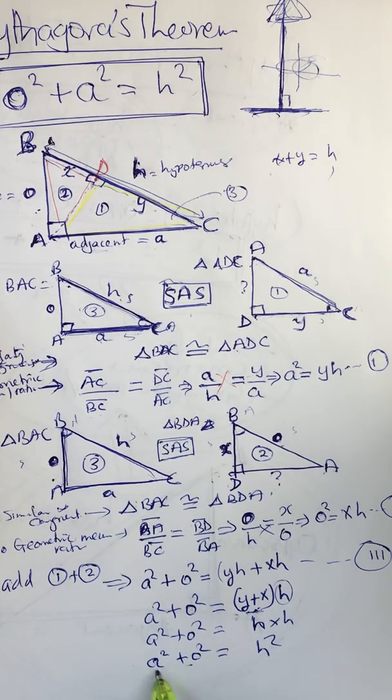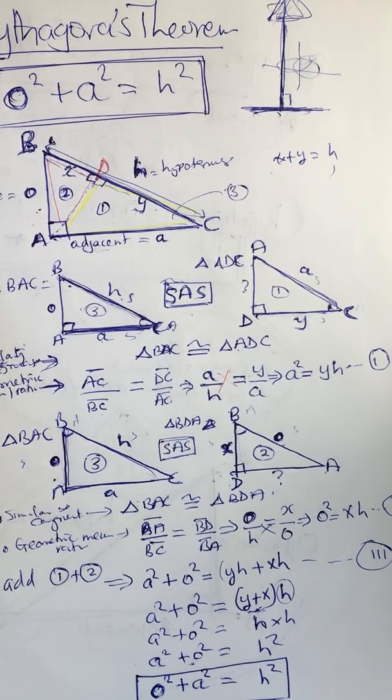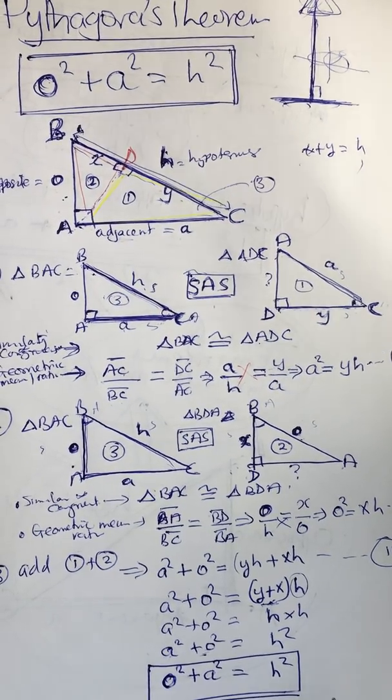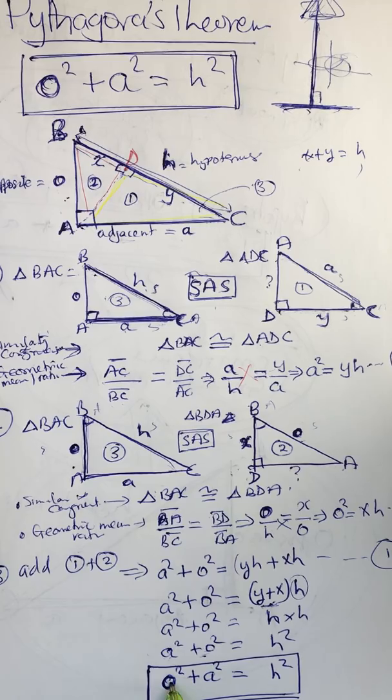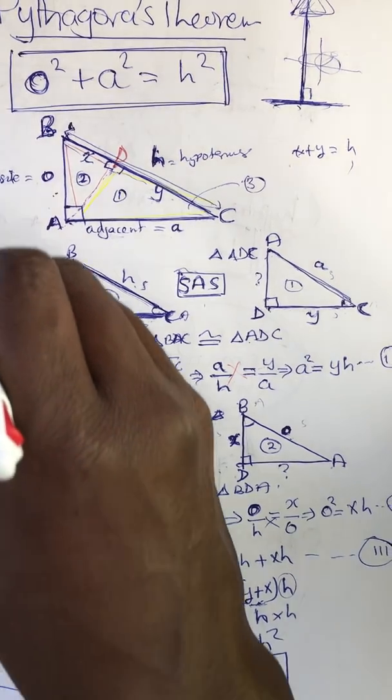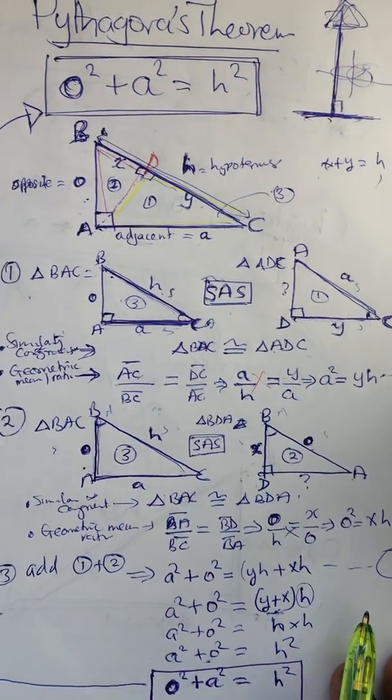You can write this in any order, like O squared plus A squared equal to H squared, which gives us the same answer. So my friend, as you can see, we have come up with the perfect Pythagoras theorem here, and this, my friend, is how to prove the Pythagoras theorem by using similarity, congruency, and geometric mean. As you can see, this one is exactly the same as that one there.